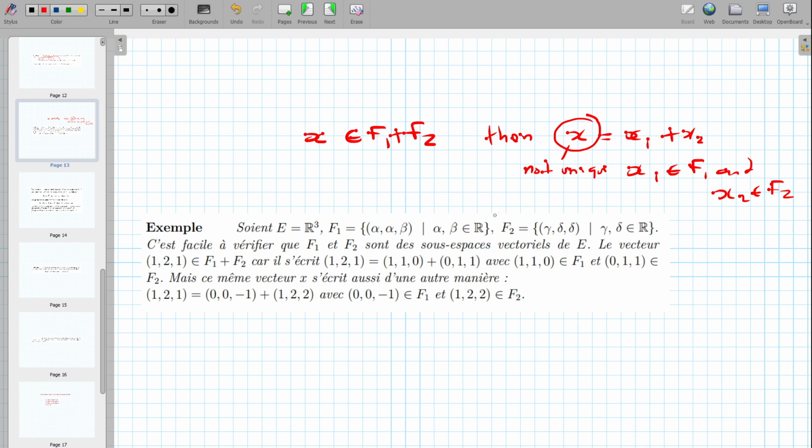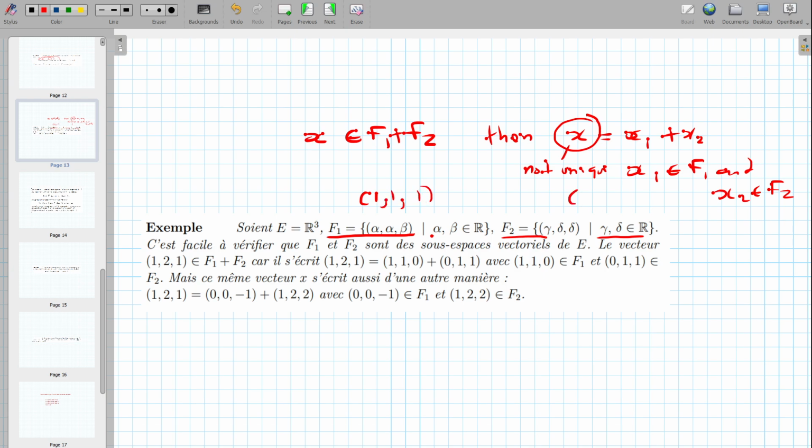So here they've taken a simple example. They've taken f1 as this espace where we have alpha and beta, where alpha and beta are any two real numbers. So we also have f2 for the second one, where we have gamma and delta, where gamma and delta are any two real numbers. So an example of a vector that is going to be in f1 is the vector 1, 1, 1.